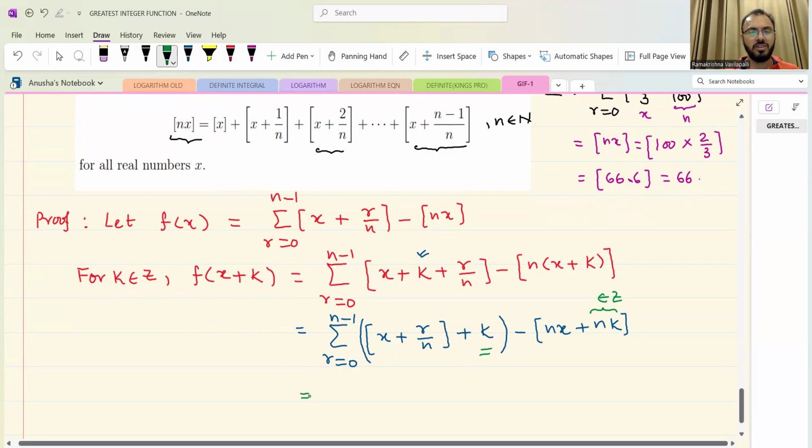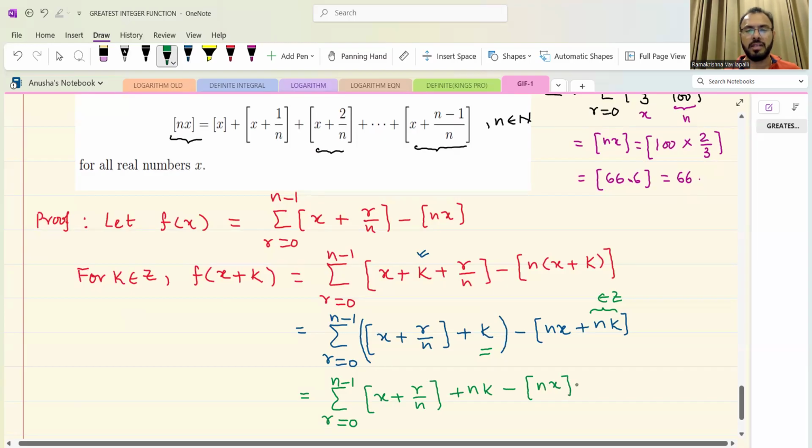So this is equal to sigma r equal to 0 to n minus 1 of the integral part of x plus r by n, plus nk, minus the integral part of nx.